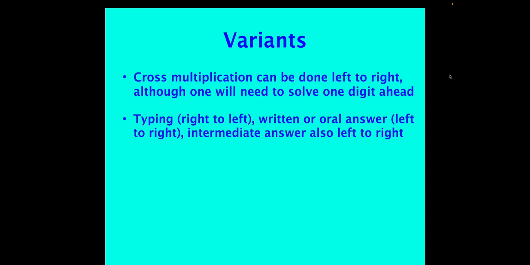If you are doing multi-factor multiplication, A times B times C, it's going to be easier to work from left to right for the same reason that it's easier to do an oral question from left to right. Your mind is better at preserving the number, committing it to memory when you're building it from left to right.